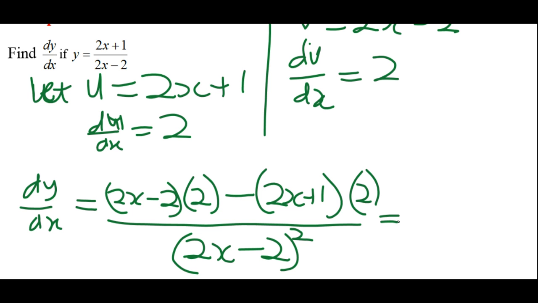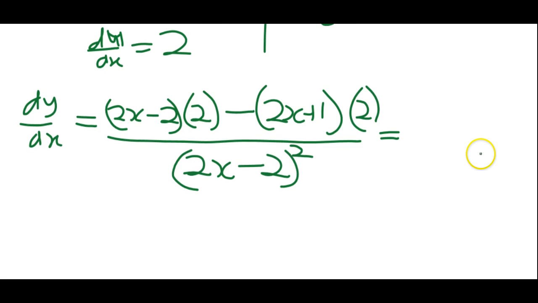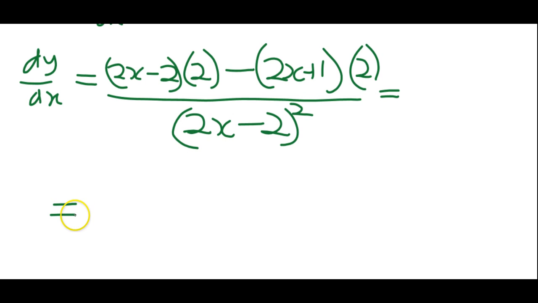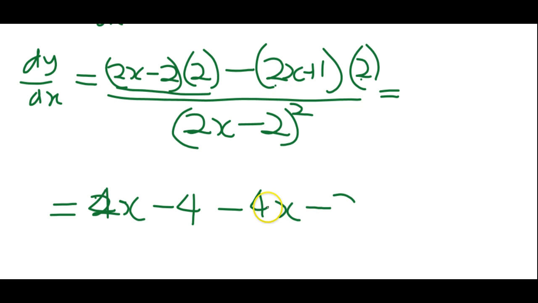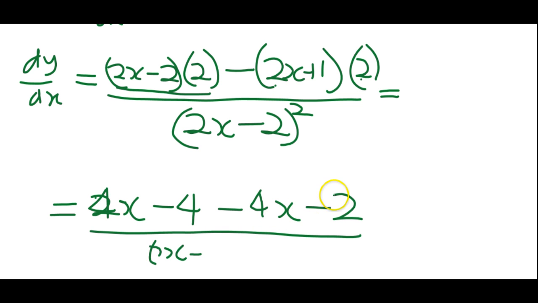Of course, this can be simplified. So I have 4x by expanding this one, minus 4, then minus 2 times this will give me 4x minus 2, all divided by 2x minus 2 all squared.